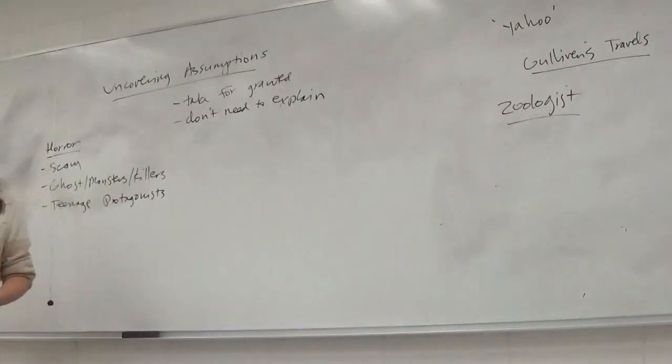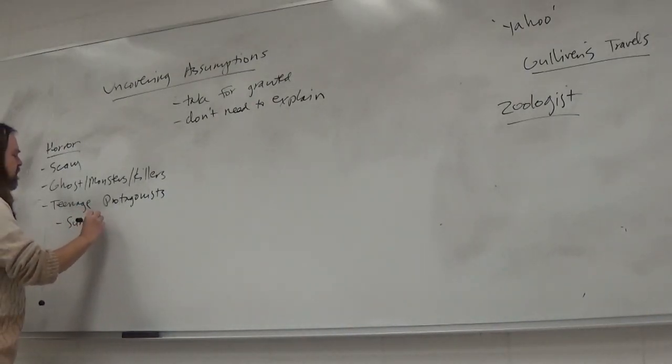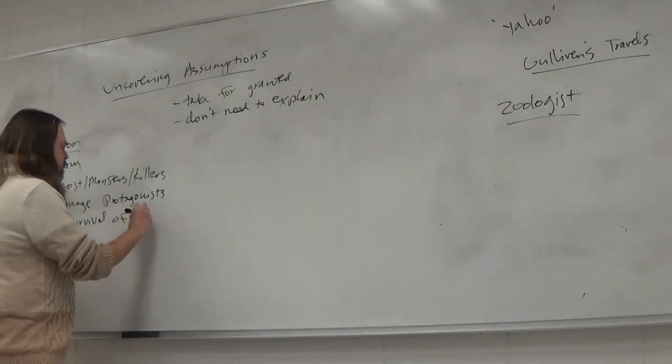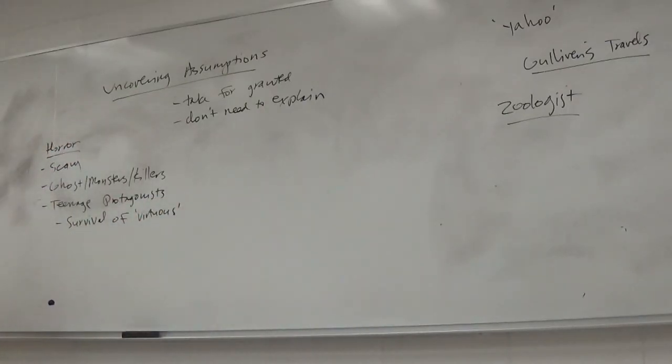And the teenagers who behaved virtuously usually survived. So this may be less the case now, but this was certainly the case regarding the horror movies that I grew up watching in the 80s and 90s.